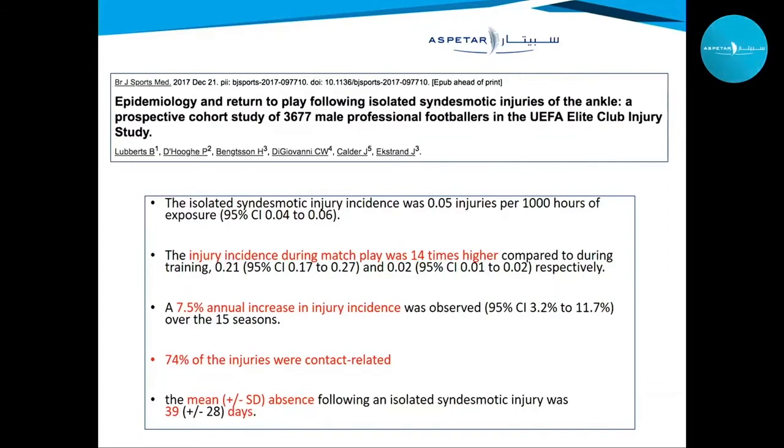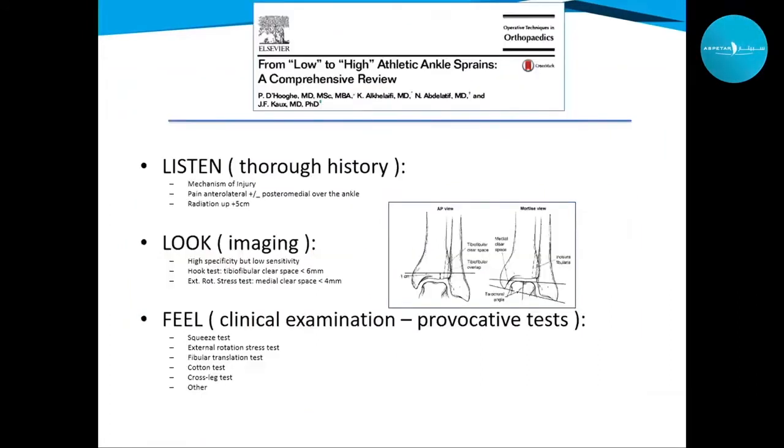Knowing also that 74% of the injuries are contact related and the mean is more than 5 weeks of layoff, meaning much more than a simple so-called ankle sprain. What do we do? We wrap up the way of dealing with this athlete coming in. We listen to the mechanism of injury, we look at it if we can, and we see if there is radiation up.